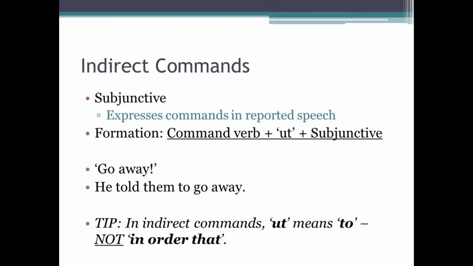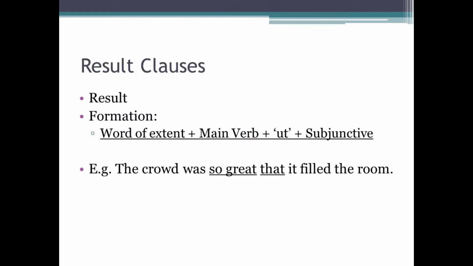So an example of a direct command would be go away, but an indirect command would be he told them to go away. And a quick tip, in an indirect command, ut is translated to mean to, not in order that.